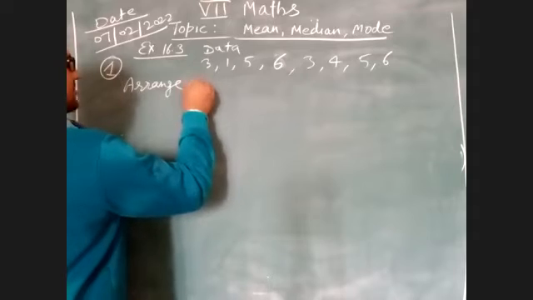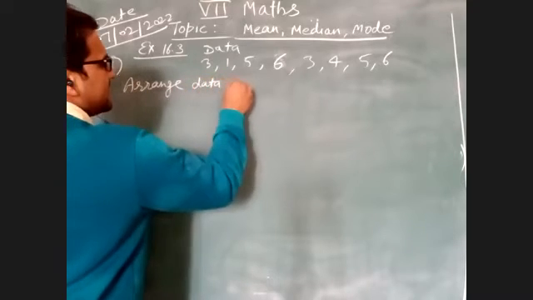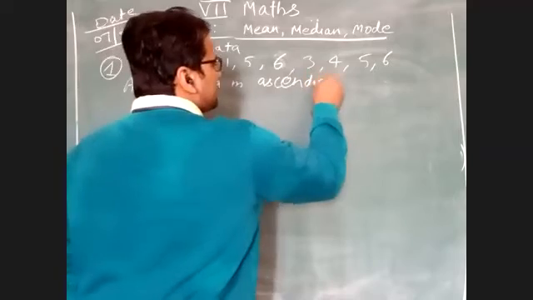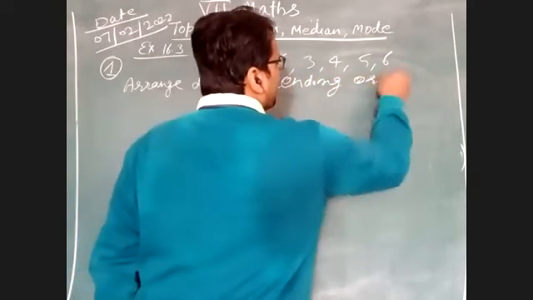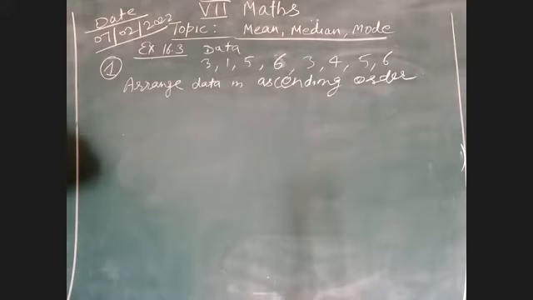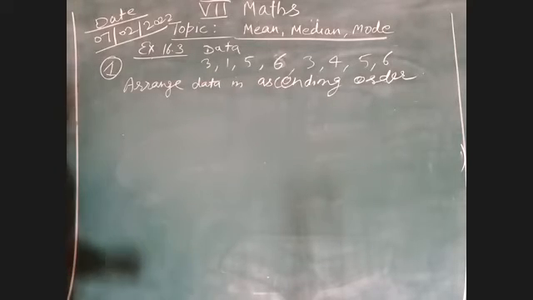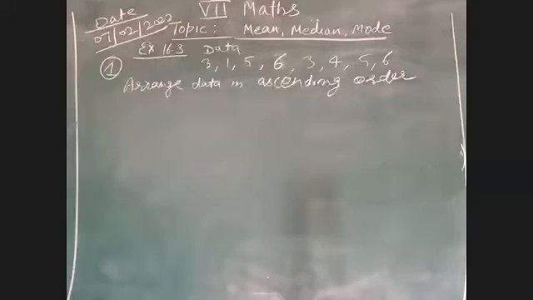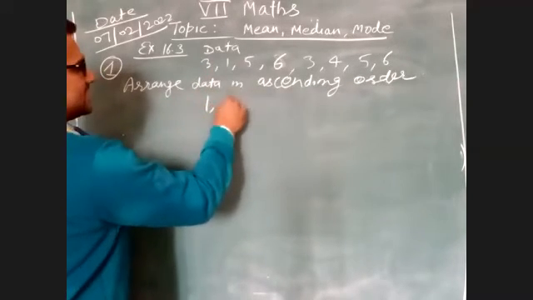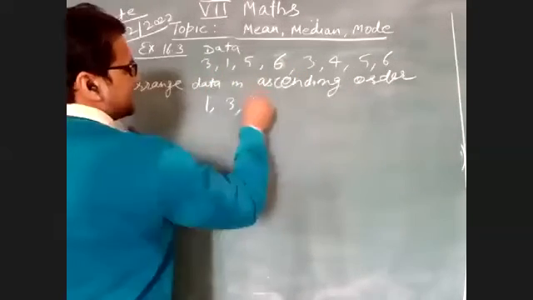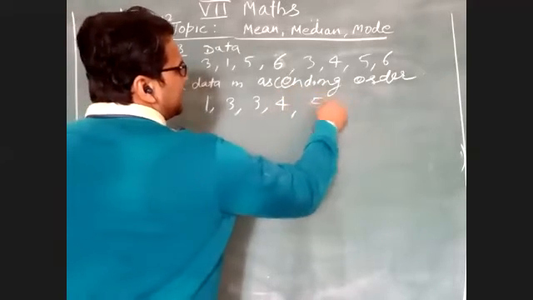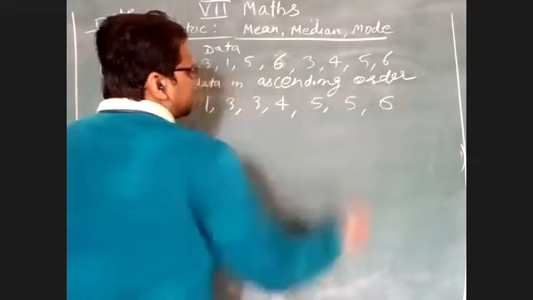While writing in ascending order, the lowest is 1, then 3, again 3 is repeating, 3, 4, 5, 5 and 6.